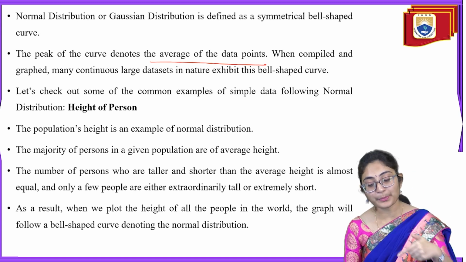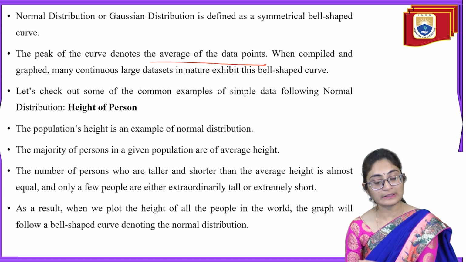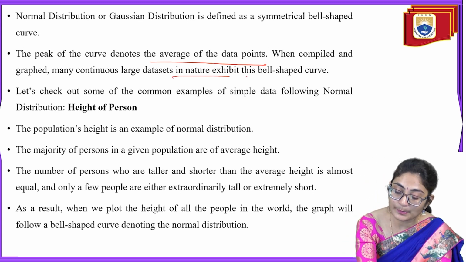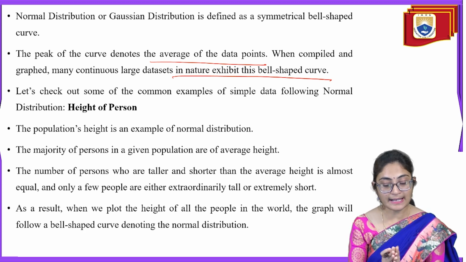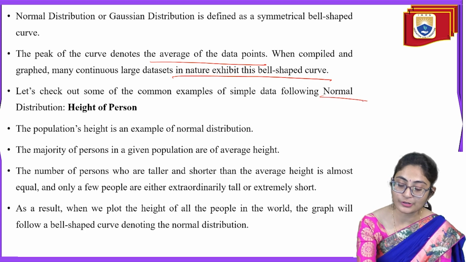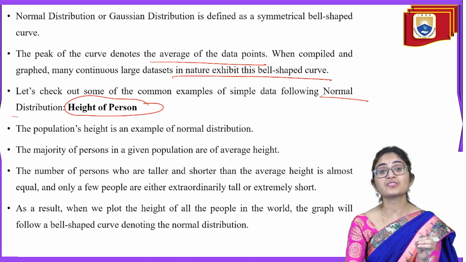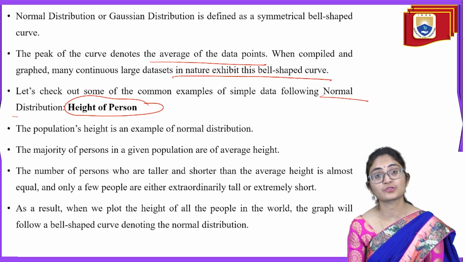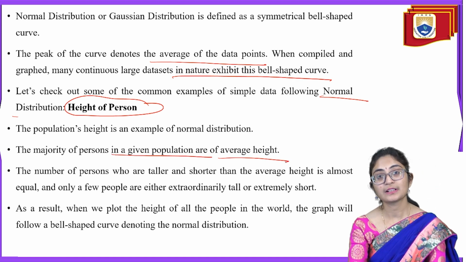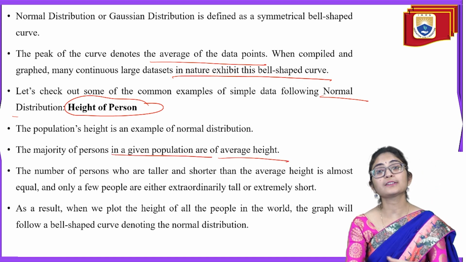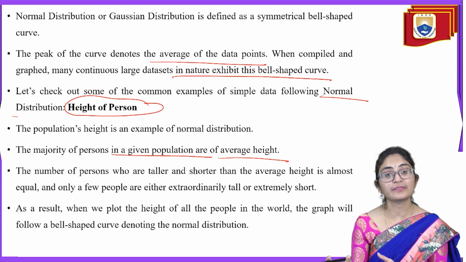And when you compile and graph that data, many continuous large data sets in nature exhibit the bell-shaped curve. But let's see a common example of normal distribution: finding out the height of a person. A population's height is an example of the normal distribution. The majority of persons in a given population are of average height. The number of persons who are taller and shorter than the average height is almost equal.